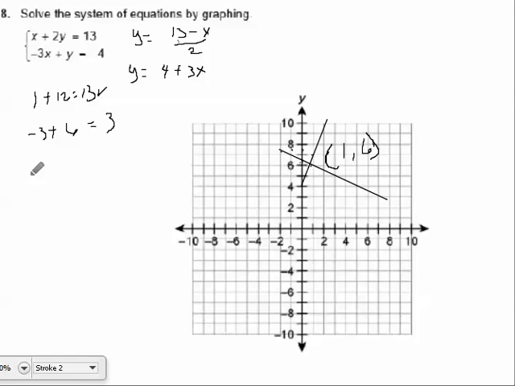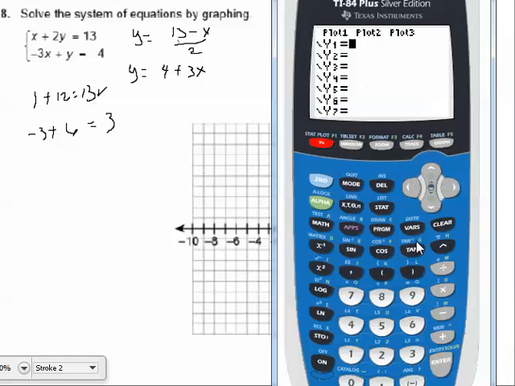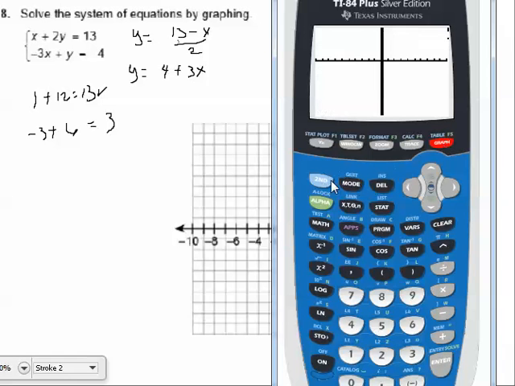Now it's not looking like it's working correctly. So this means I need to come over here to my calculator, push y equals, and try it on here. So I'm going to have 13 minus x, parentheses, divided by 2. And I'm going to have 4 plus 3x. And I'm going to graph that.